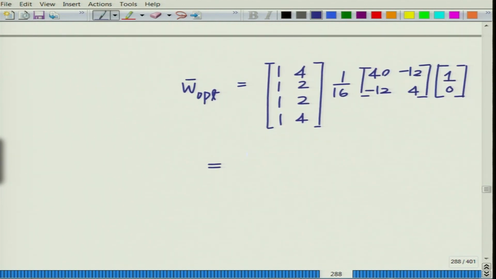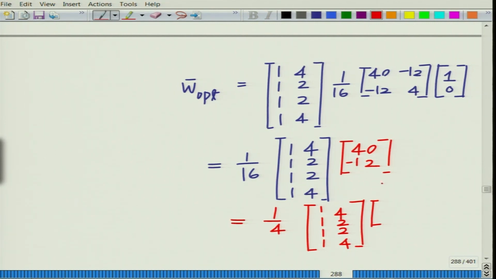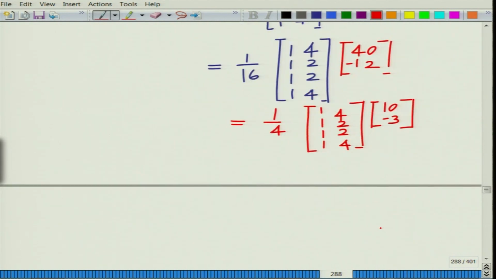Now if you look at it, this is 1 over 16 times the matrix 1 1 1 1 4 2 2 4 times 40 minus 12, which, if you divide by 4, is 1 over 4 times 1 1 1 1 4 2 2 4 times 10 minus 3, and you can evaluate this.